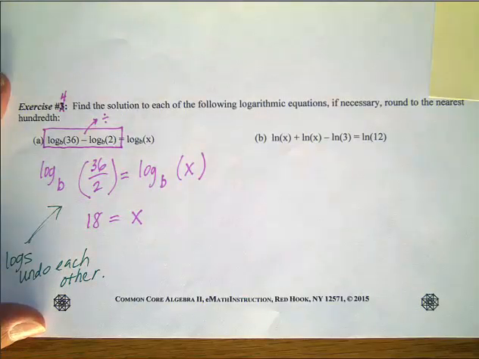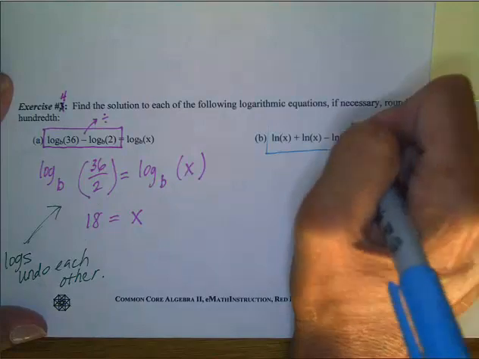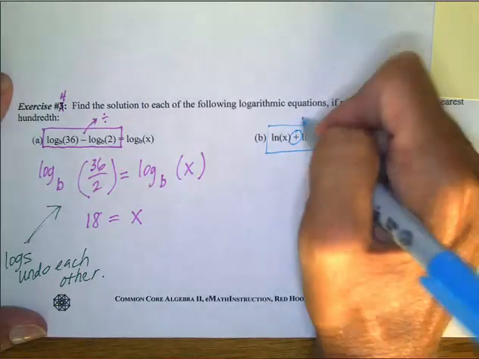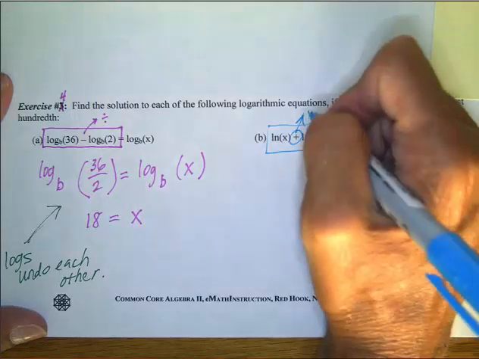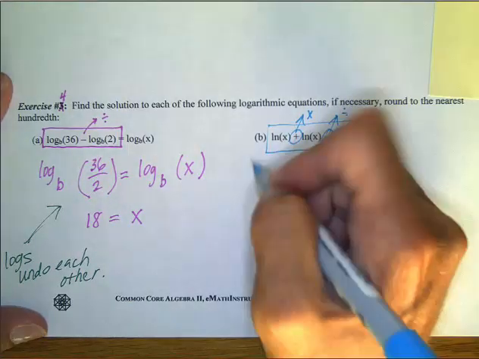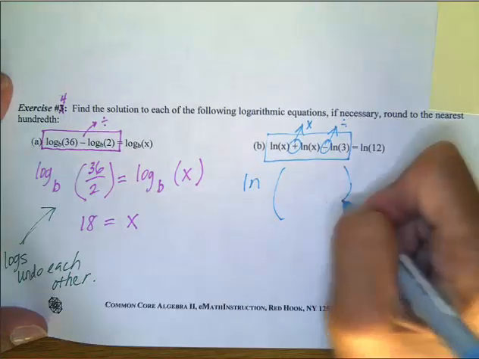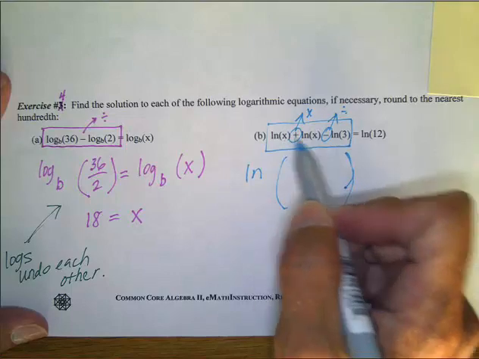Okay? All right. So what about this next one? Well, now, holy cow, we've got 3 logs on the same side, and oh no, I have addition and subtraction. So addition means I have to multiply those two things, and subtraction means I divide. So I have ln, and then I'm going to do the math. So this says multiply x times x.